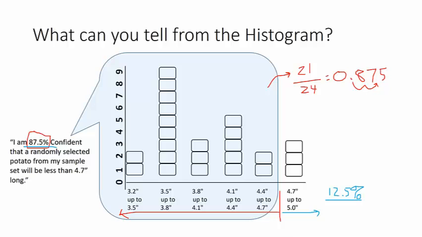And we simply counted how many potatoes fell into each range, and it allowed us to do very sophisticated things, such as create confidence intervals: what is the percent likelihood that we'll get a potato of that range of lengths, given that we randomly select them from our sample set.